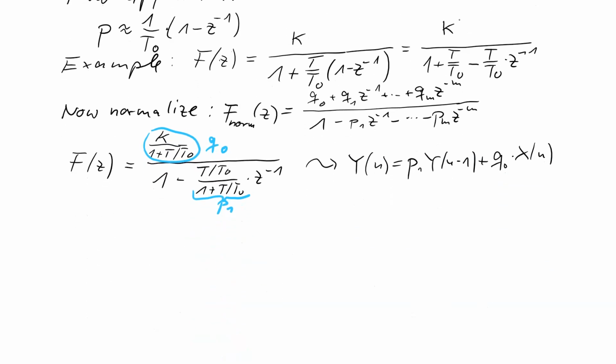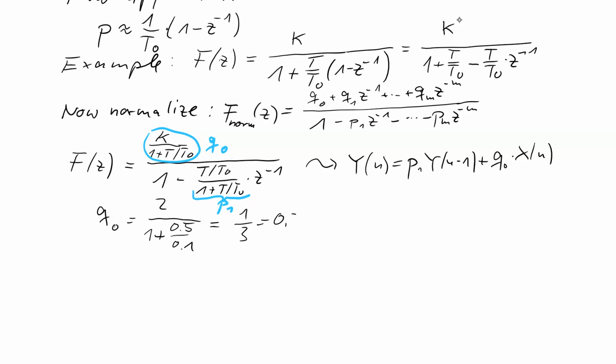With our values, q0 can be calculated in our numerical example: k is 2, divided by 1 plus T is 0.5 divided by 0.1. So this is 5 plus 1 is 6, 2 divided by 6 is 1 divided by 3.